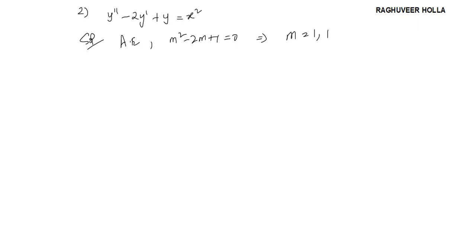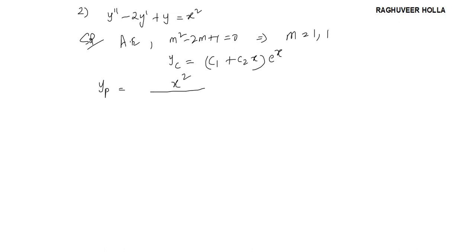So the roots are real and repeated. So yc would be (c1 plus c2x) into e to the power of x. Okay, so let us find what is yp here. So yp would be x square divided by the denominator.